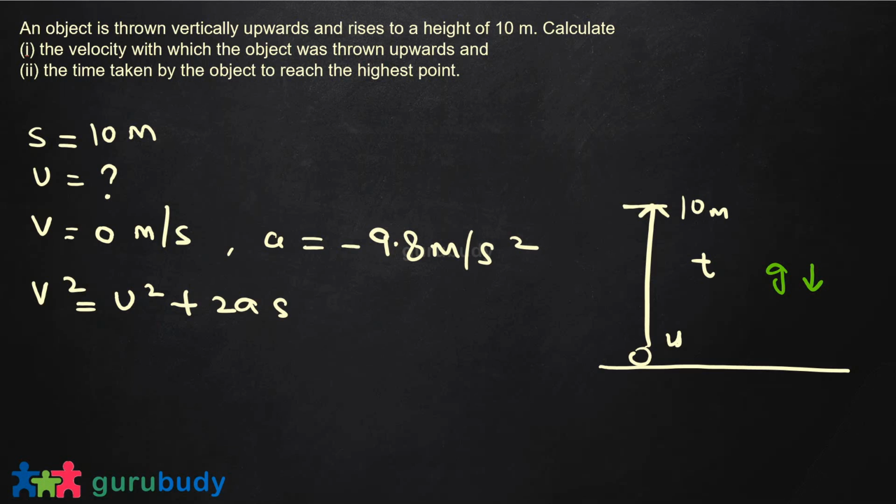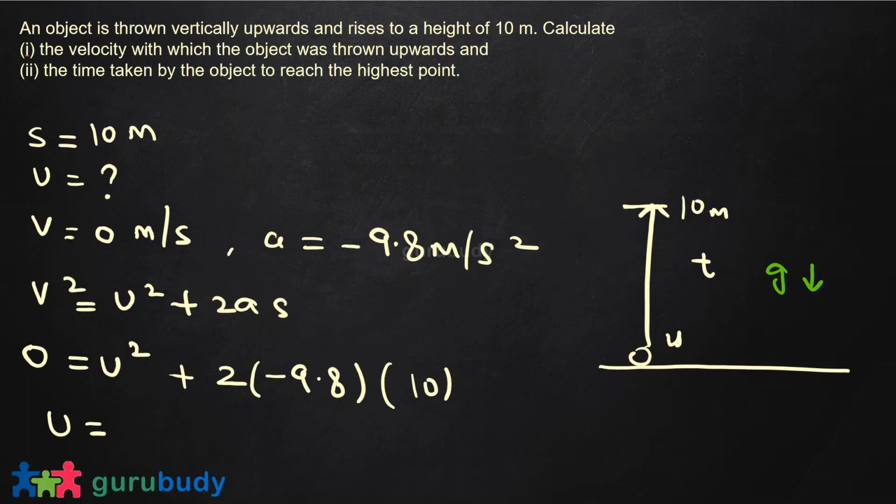Now I can put in the numbers we already have. V, the final velocity, is 0, so this is going to be 0. U, the initial velocity, is the one I need to calculate, plus 2 times a, which is minus 9.8 because it's acting downwards and the motion is upward, and the separation, which is 10. If I use all these values, I get u to be 14 meter per second. So this is the velocity with meter per second.